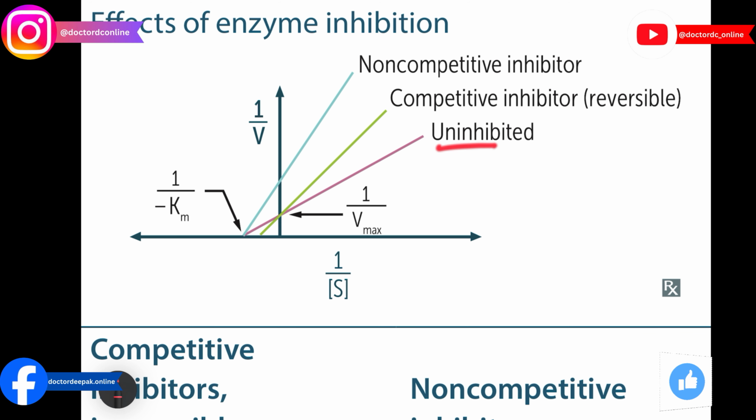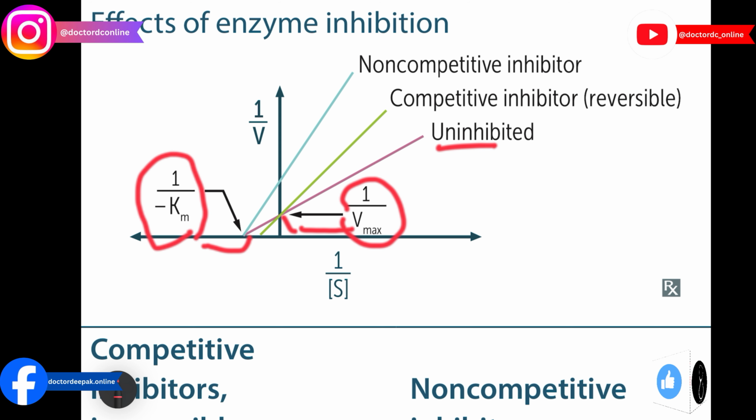This one is the normal, uninhibited line, and I already told you that when anything crosses the y-axis, it will be Vmax. If anything crosses the x-axis, then it will be Km. X-axis, Km; y-axis, Vmax. Now if we add a competitive inhibitor to the reaction, the Vmax will remain the same. Okay?